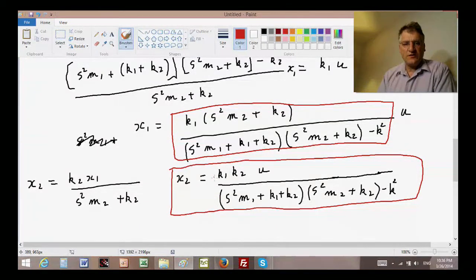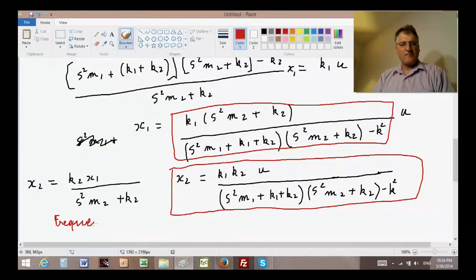It is constant and equal to the product of k1 and k2. So, given this state of matter, we would like to understand what the frequency response looks like.